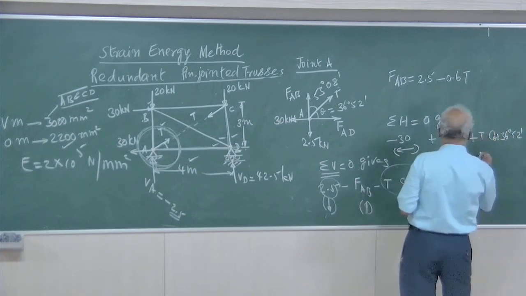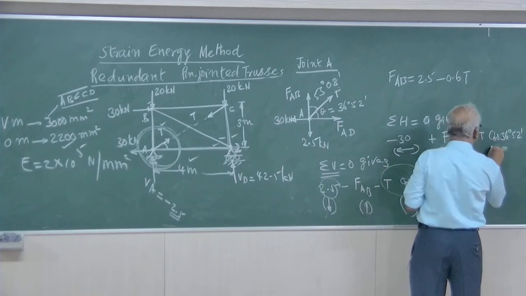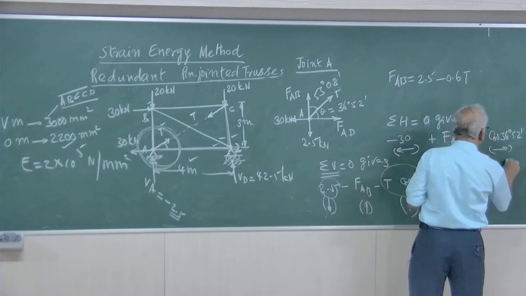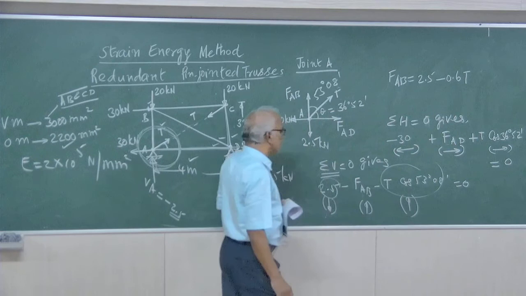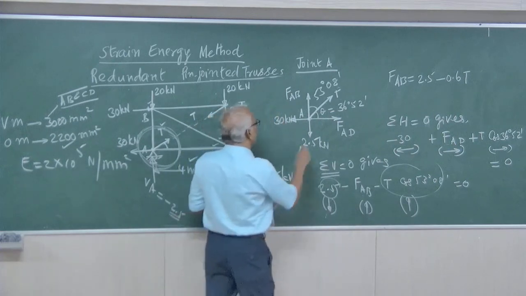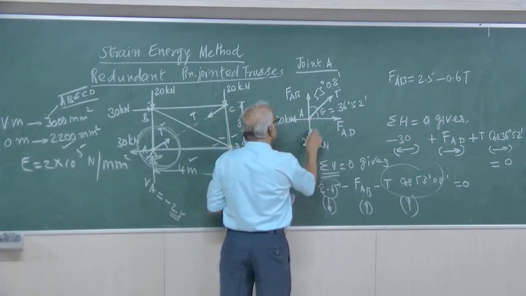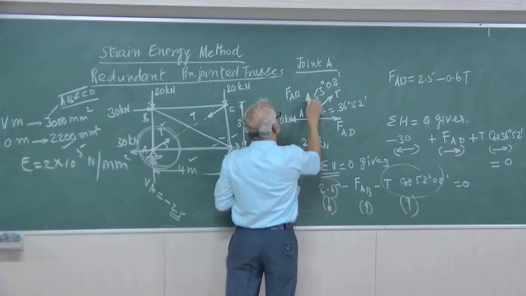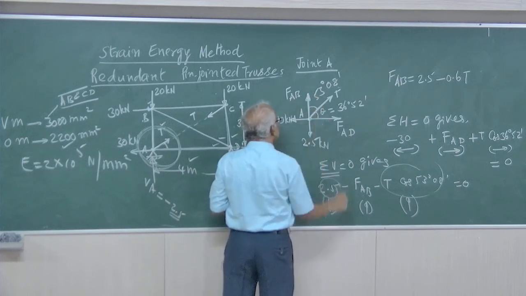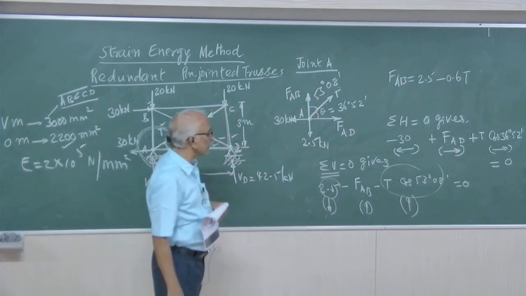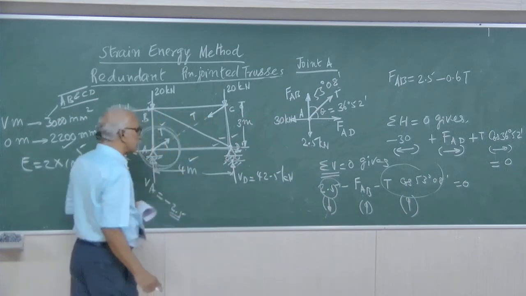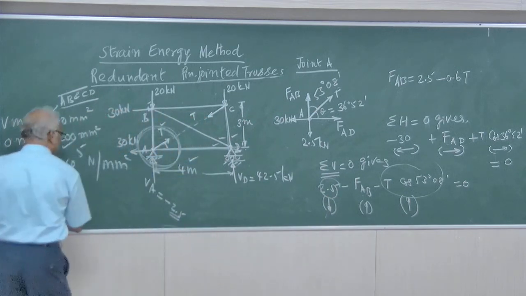So this is also towards right, equal to 0. These are the only three forces, because 2.5 will not give any horizontal component, this also will not, because with the horizontal, this angle is 90 degrees, so cos 90 will become 0. That's about the 3 members.